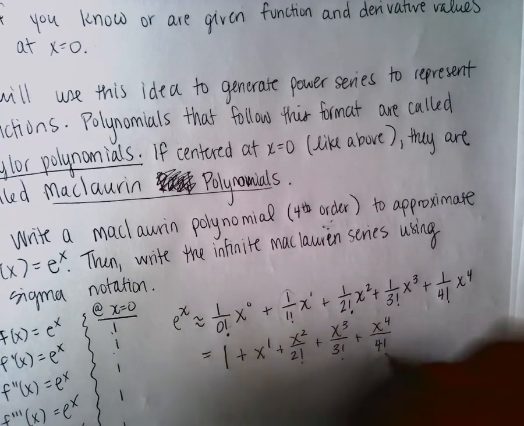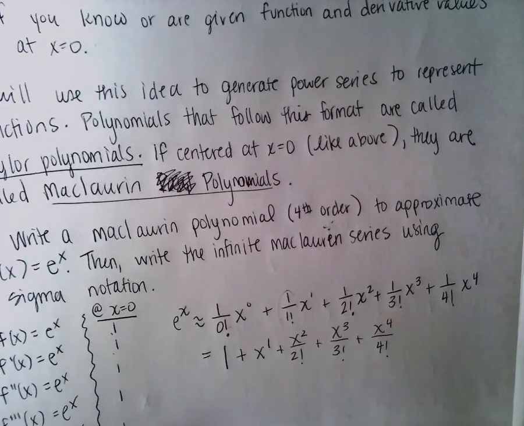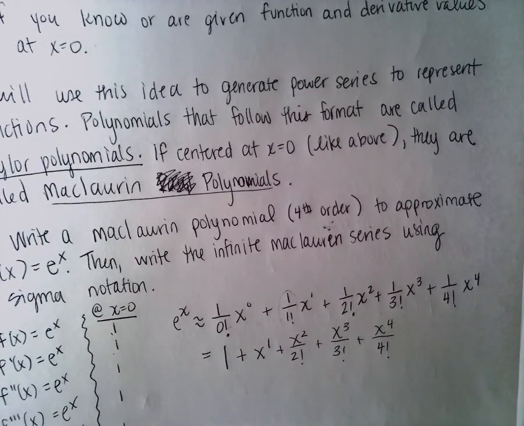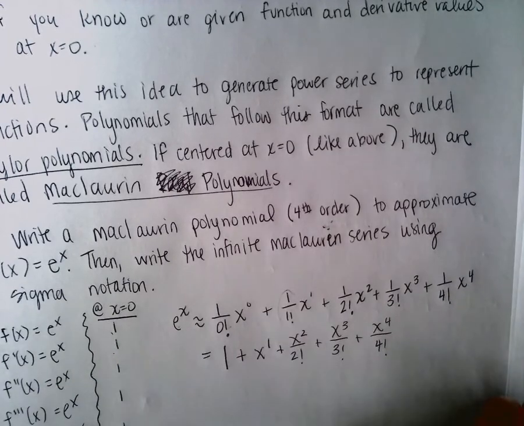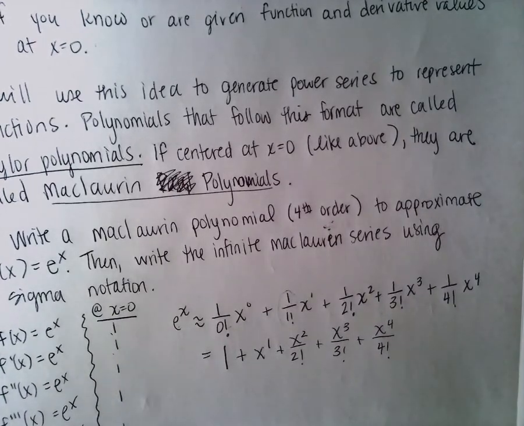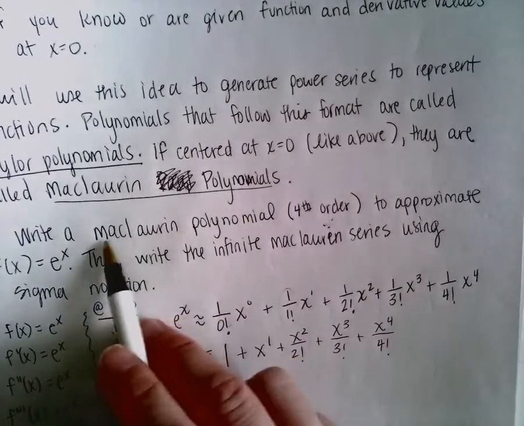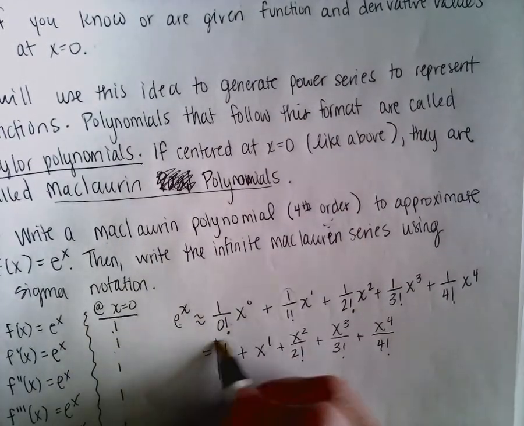Okay, so this would be our 4th order or 4th degree polynomial approximation of e to the x. So this is that first answer, the Maclaurin polynomial to the fourth term.